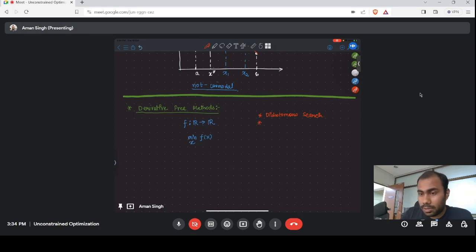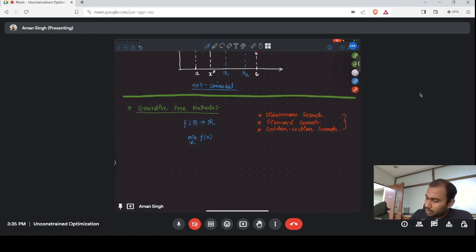The second is Fibonacci search. And the third, the one most commonly used in single variable optimization, is golden section search. We'll see what each algorithm is, and what the benefits and disadvantages of each are.